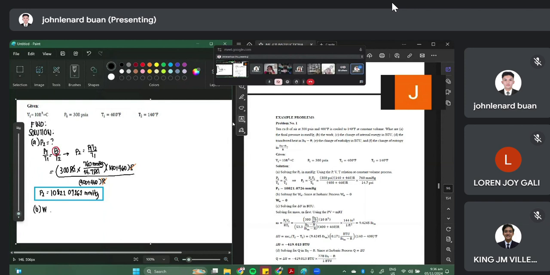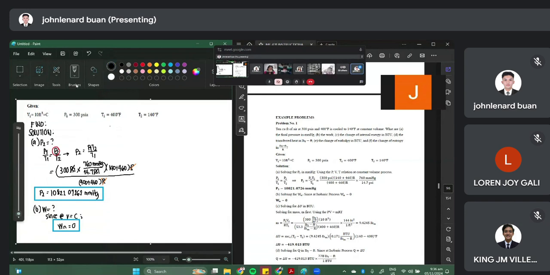So in that case po, we can just simply state that since this is an isometric process or volume is constant, therefore, Wn is equal to 0. Nakakaintindihan tayo dun, guys? Okay tayo dun? Alright.